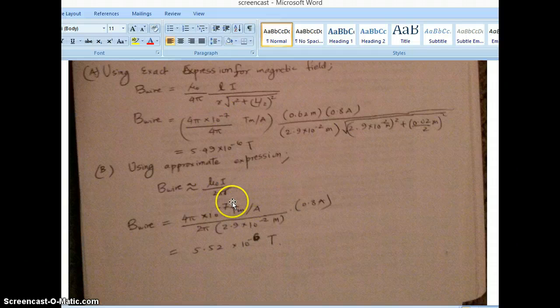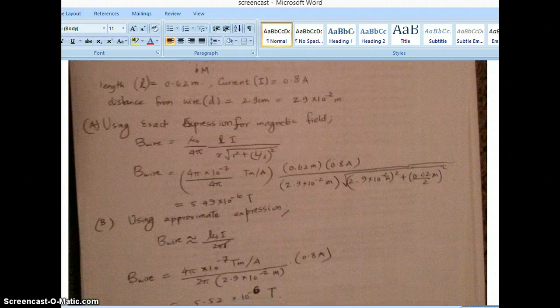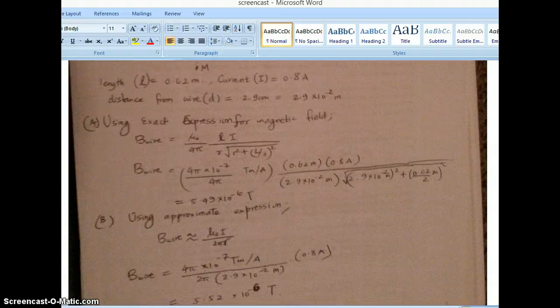In this formula we suppose this distance r is much smaller than the length of the wire, for the point where we are going to find the field.